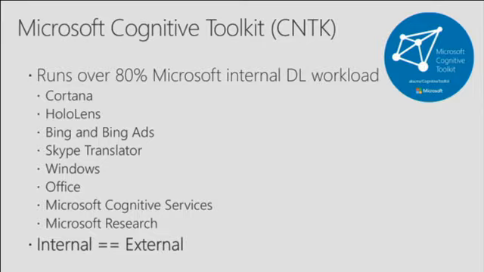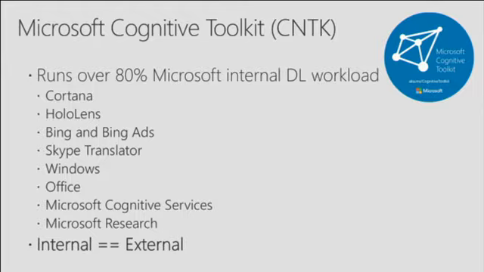So the Cognitive Toolkit is mostly used by Microsoft internal deep learning workload currently. We have almost all the divisions inside Microsoft using CNTK. That includes Cortana, HoloLens, Bing Ads, Skype Translator, the Windows division, Office division, and cognitive services, and of course Microsoft Research as well.